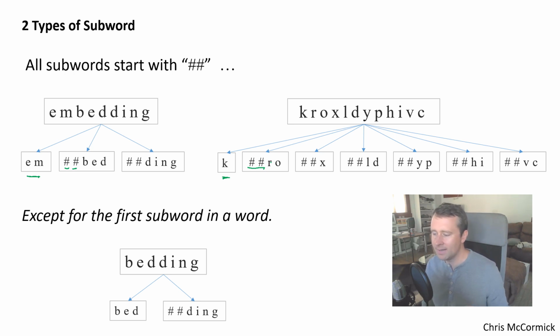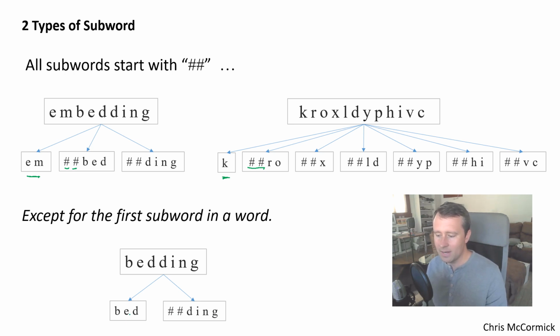The strings are actually defined that way, and it means that for tokens at the beginning of the word, they can be redundant with the token for the whole word. A good example of that would be the word bedding, like the linens that you put on your bed that you sleep in. BERT breaks this down into the subwords bed and ding.